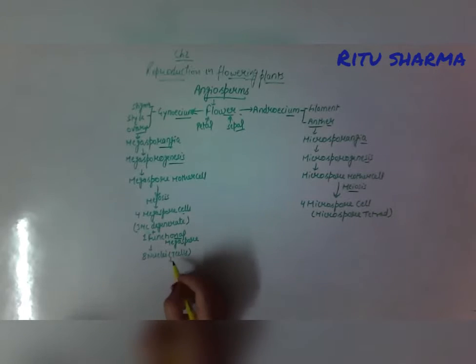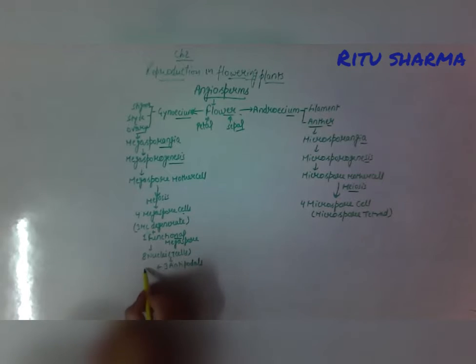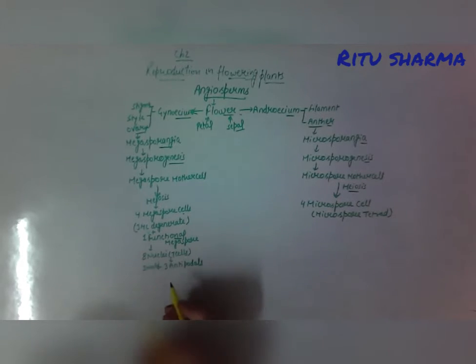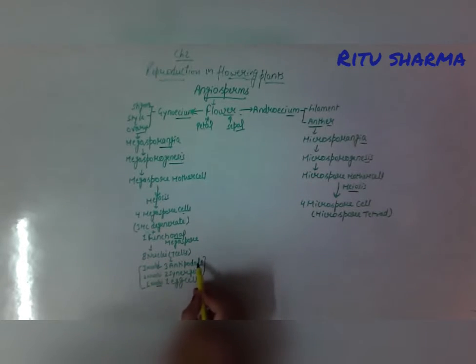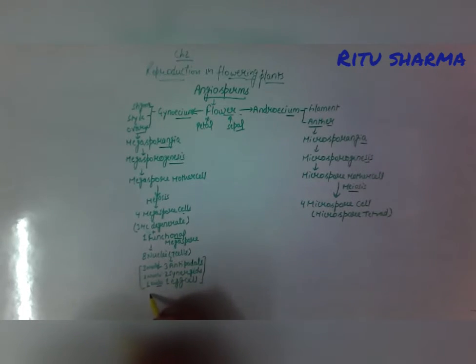These 7 cells are 3 antipodals, so here 3 nuclei; 2 synergids, so here 2 nuclei of synergids; and 1 egg cell, which also consists of 1 nucleus. Here there are 6 cells with 6 nuclei, but the 7th cell is one complete cell which consists of 2 polar nuclei.